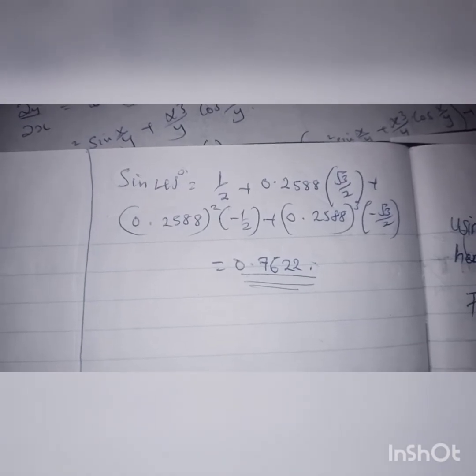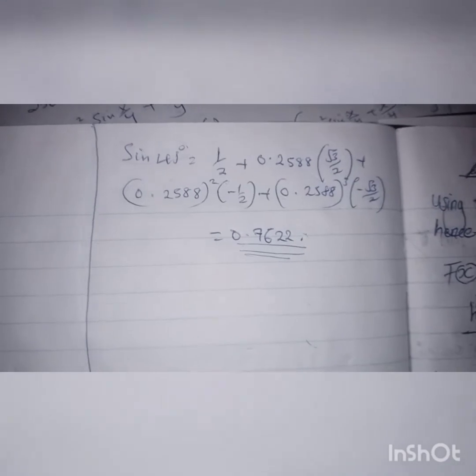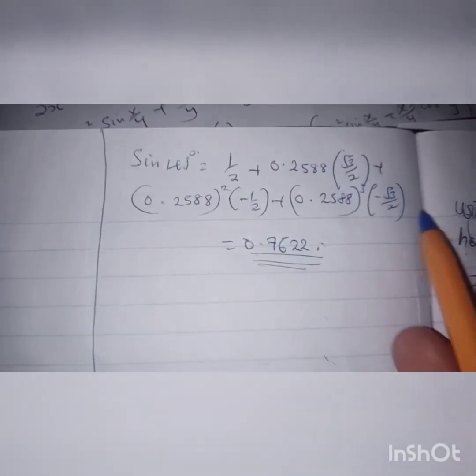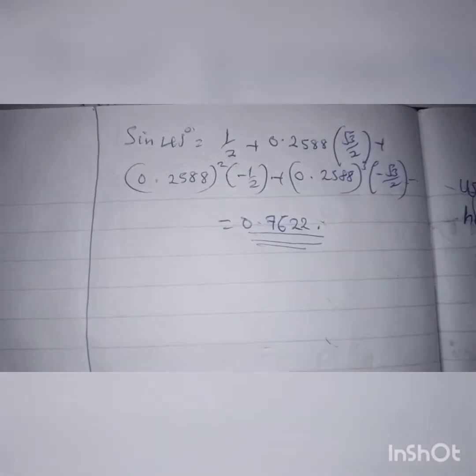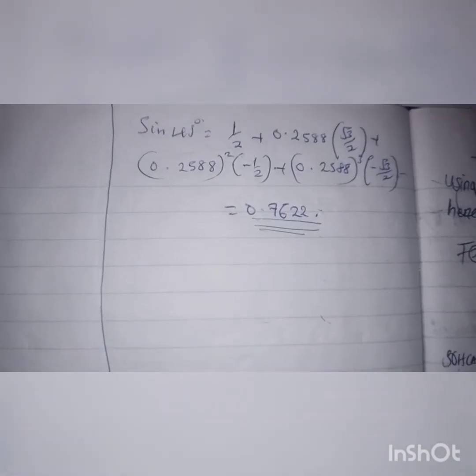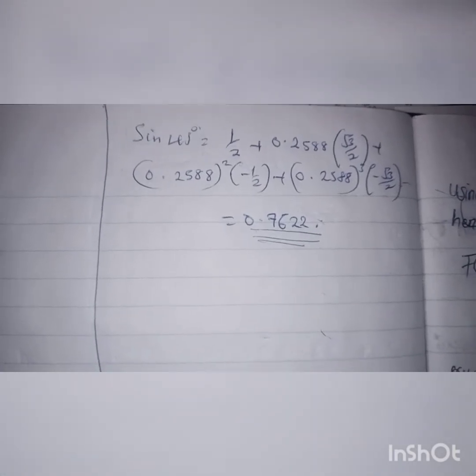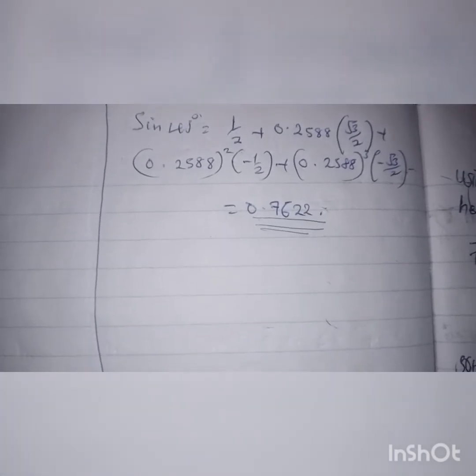When you key in sine of 45, you may end up with a result slightly different from that, because the series has to continue. There are a lot of other terms that we have ignored, so our answer has a very small difference, but not too large.